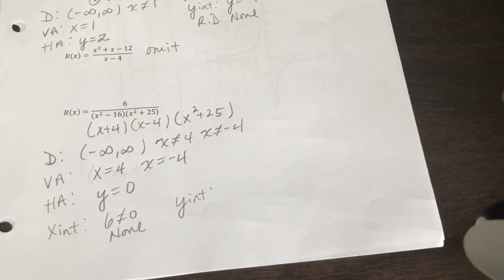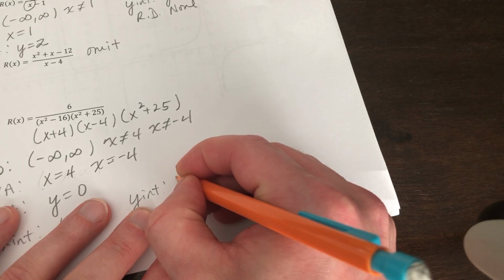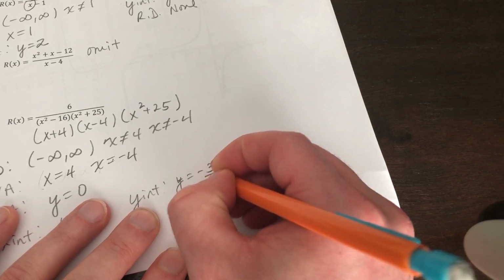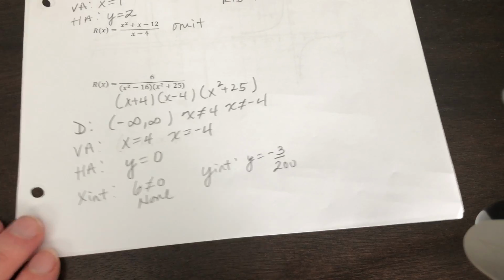Y-intercept, we're going to plug in a 0 for x. I'm going to have to use a calculator on this. So 6 divided by negative 16 times 25. I get negative 3 over 200. And nothing cancels top and bottom, so we're not going to have a discontinuity.